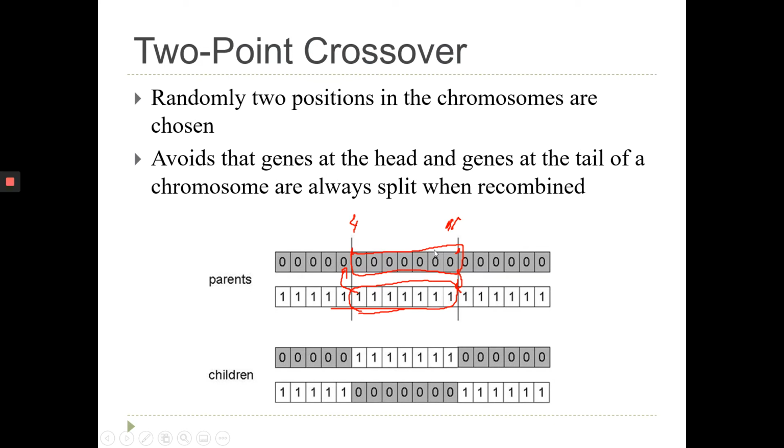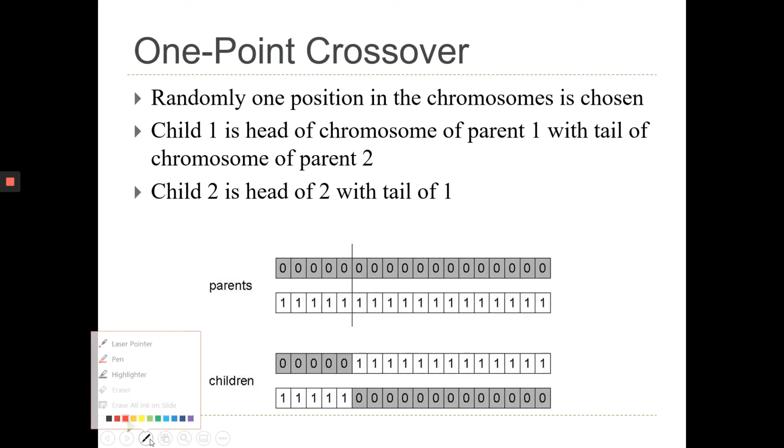Let's say you select 1 point, which in this example is gene number 4, counting 0, 1, 2, 3, 4. So at gene number 4 you can do the 1-point crossover, from the first gene to number 4.